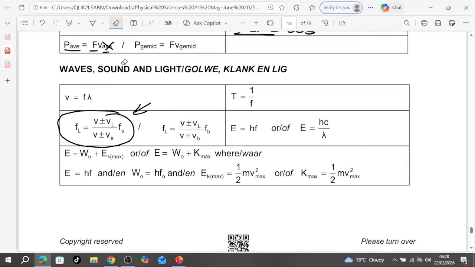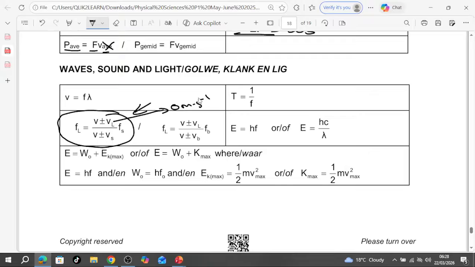My teacher used to say, think about this. We said that the source is moving, and the observer is stationary. So the velocity of the listener, which is the cliff, is 0 meters per second.